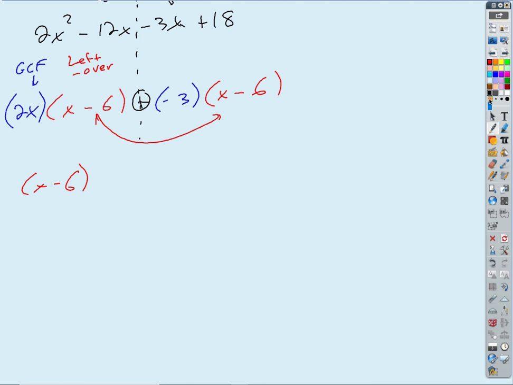Okay, now let's see what that leaves behind. If I divide away the x minus 6, what's left from the first term? 2x. If I undistribute the x minus 6, I get a 2x. And there's my plus sign that's linking the two. And what's left over in the second term?